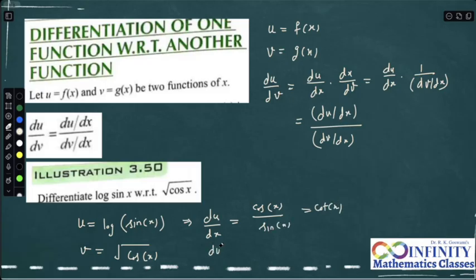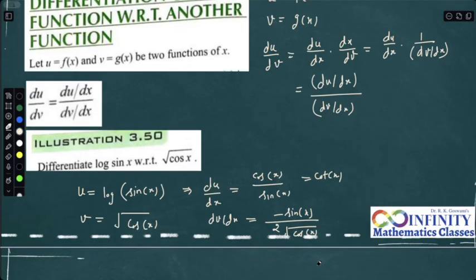And what is the derivative dv over dx? 1 over 2 square root of cos x into minus sin x. Yeah. So now you have to only plug in the values. du over dx, sorry, it should be du over dv.